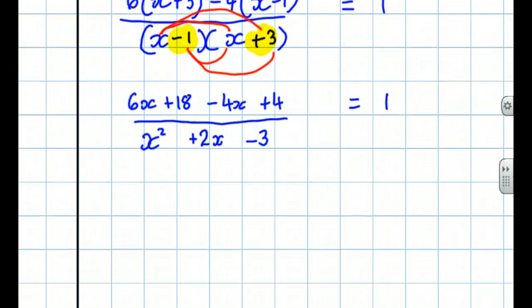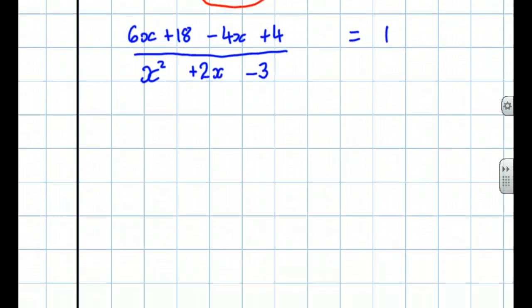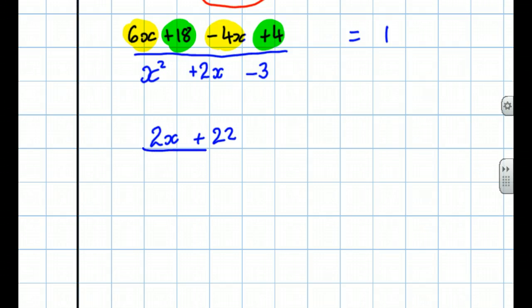Now all I have to do is simplify the numerator. 6x take away 4x is 2x, and then gathering the constant terms, plus 22, all over x squared plus 2x minus 3, and that's equal to 1.